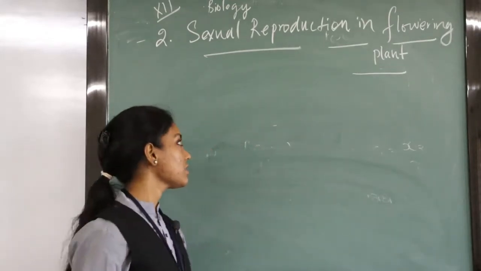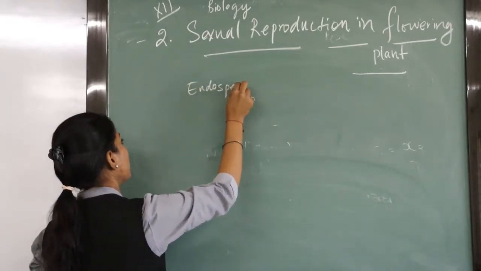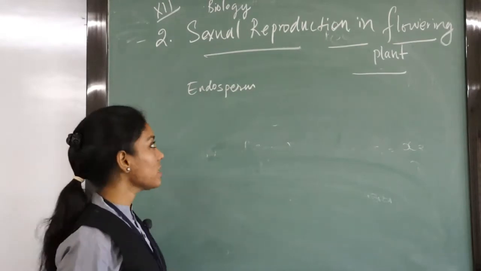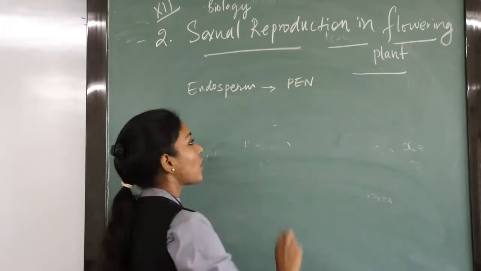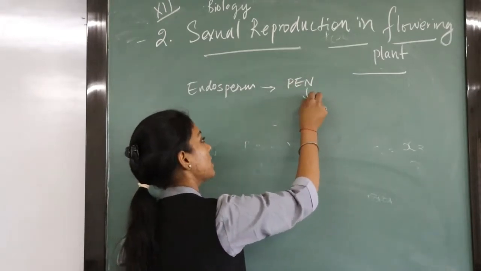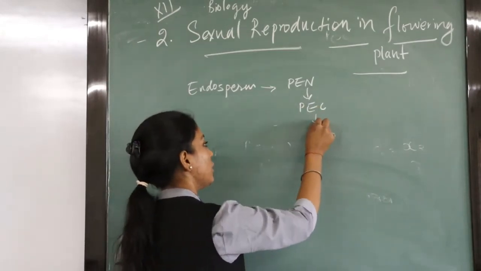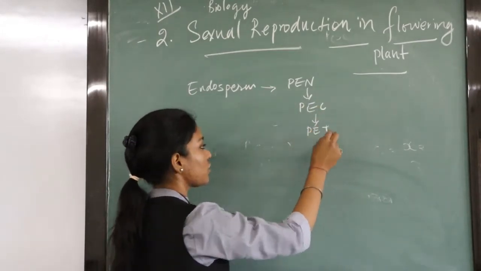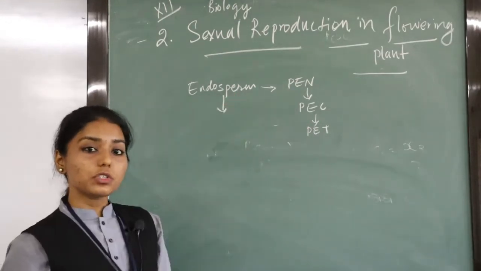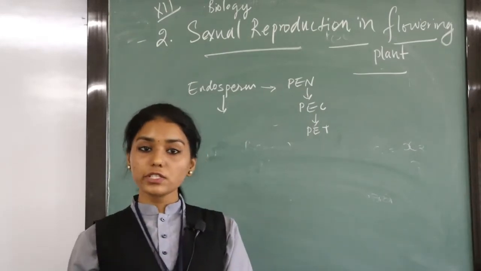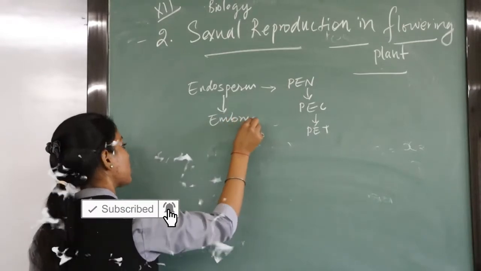Now in the post-fertilization event we have seen endosperm. So what is endosperm formation? It is a result of primary endosperm nucleus formation. This divides into primary endosperm cells and then primary endosperm tissue is seen. Endosperm is a nutritive tissue which provides nutrition as well as protection to the embryo.